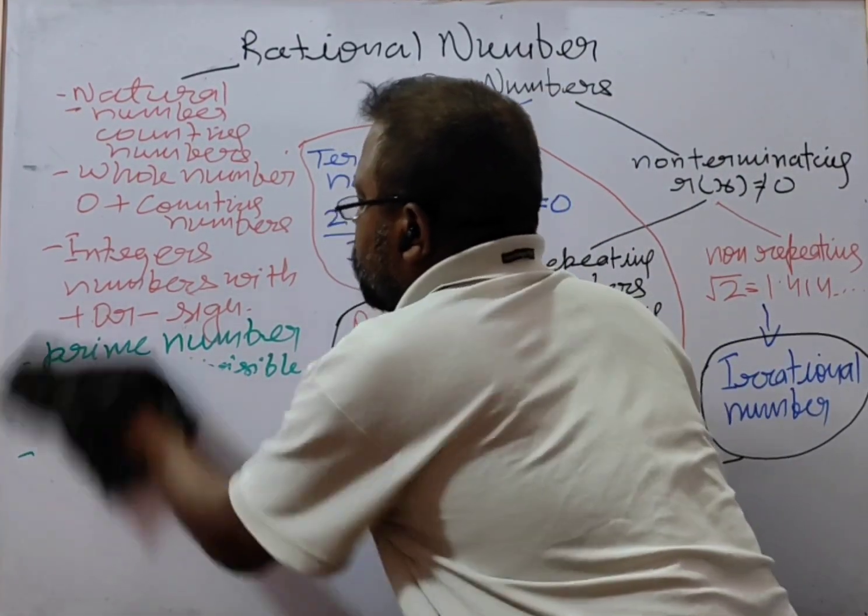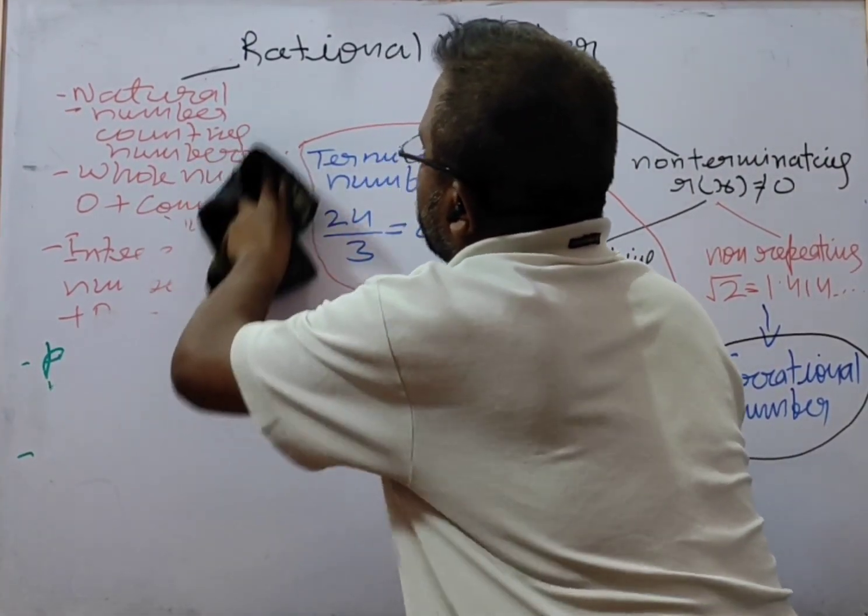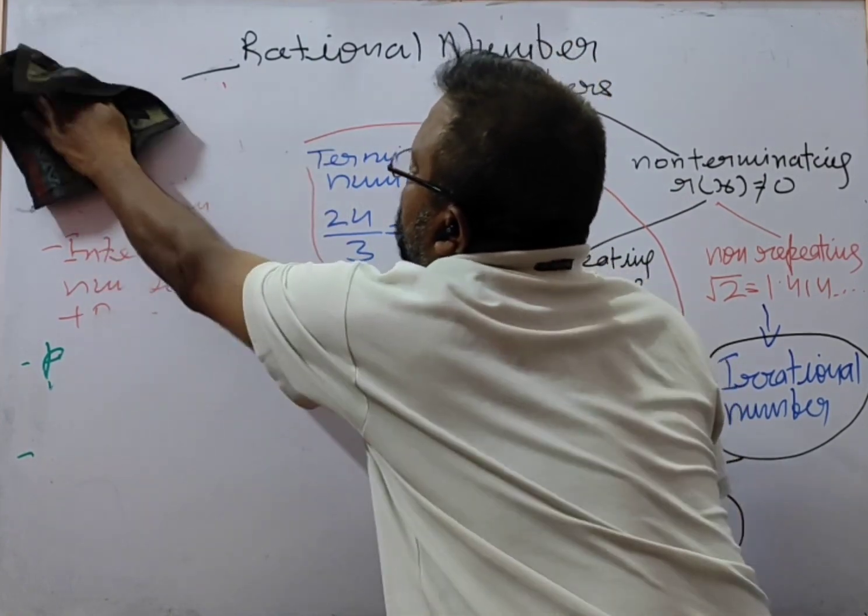So we come to know that by all this exercise, we come to the final definition of a rational number.